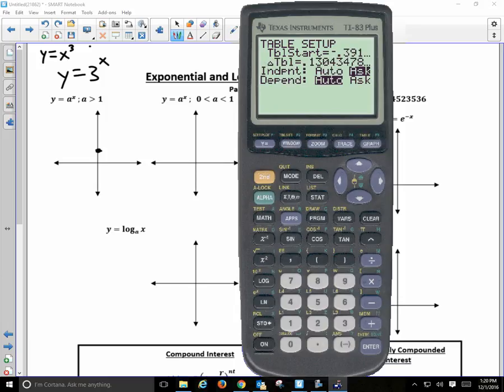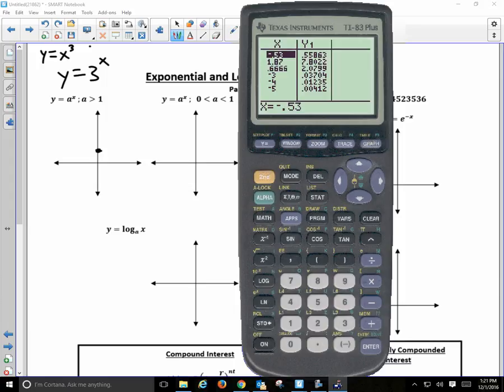I'm going to make sure that my independent variable is set to ask. If I go to my table and I delete the current entries, and instead I type in, say, 3 to the 0, you can see that I get 1. But if I type in 2, what is 3 to the second power?